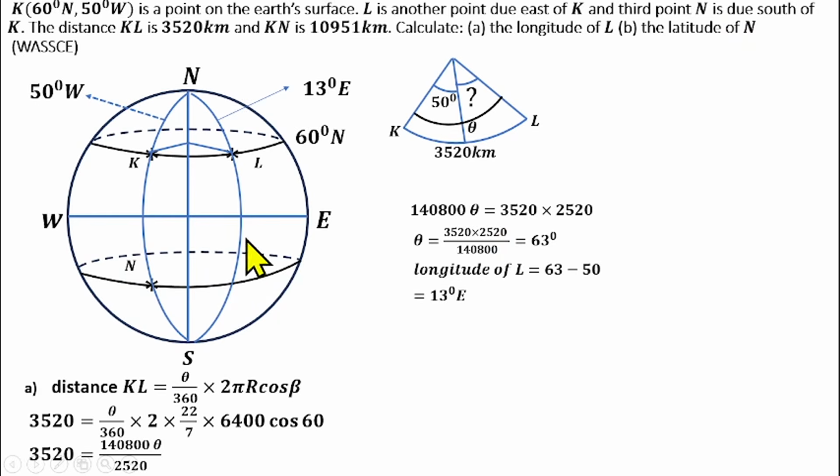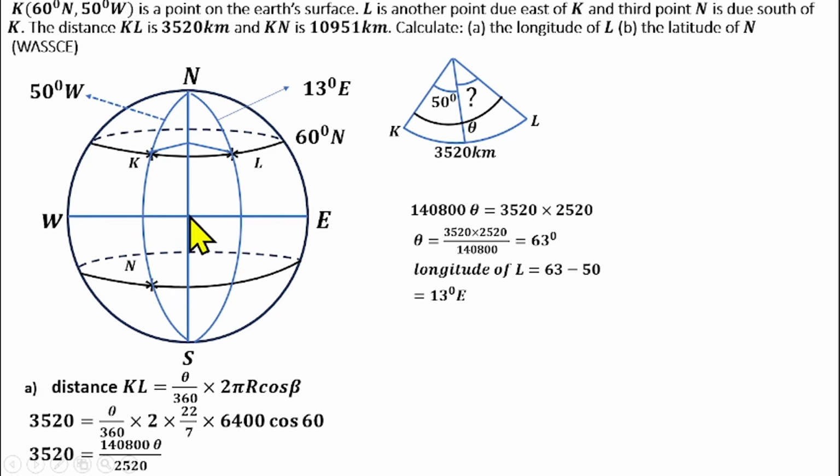How do we do that? We have been given the distance between K and N, from here to here, as 10,951 kilometers. Are we going to find the distance between K and N along a great circle or a small circle? It's going to be along this longitude, which is a great circle, and we know that a great circle has the radius of the Earth.